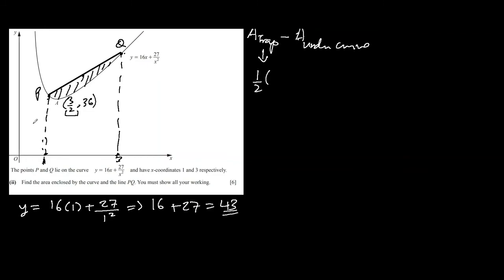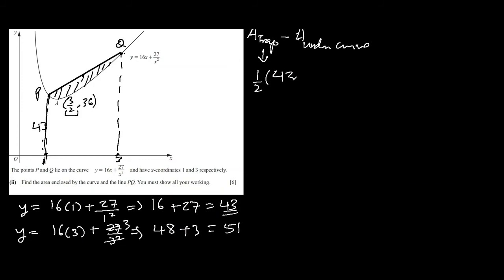So the height of point P is 43 units. This distance is 43. That's what we need. Okay, let's talk about the other height, which is of Q from x-axis. So same method. Y equal to 16 times 3 this time plus 27 over 3 square, which will be 48, and this will be 9. 9 times 3 is 27 plus 3 equals to 51.